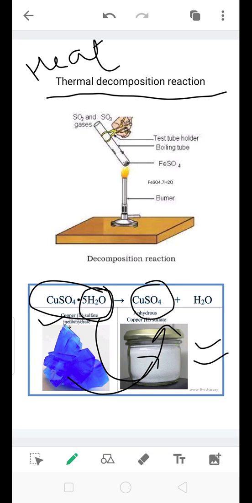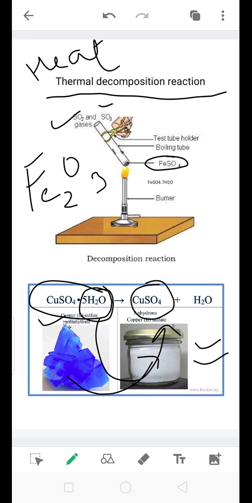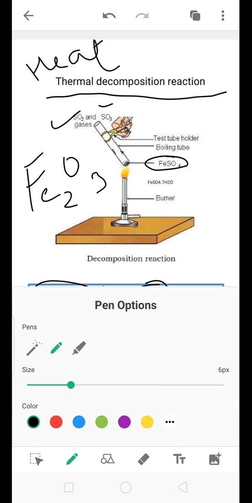Now see a second example. In this example, we are heating ferrous sulfate, FeSO4, which on heating gives ferric oxide, Fe2O3, sulfur dioxide and sulfur trioxide gases. See here, in the lab 2 types of ferrous sulfate salt are present.